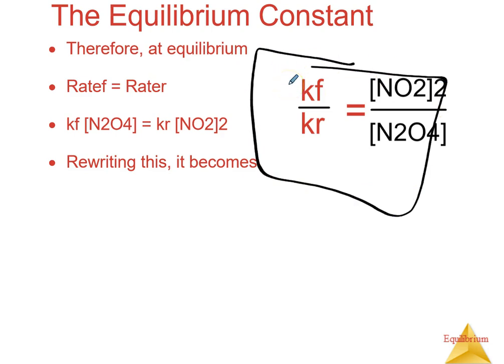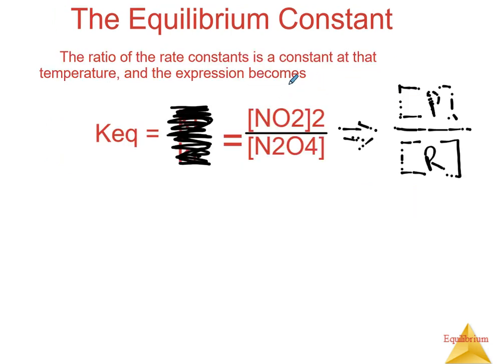The ratio of the rate expression is a constant at that temperature, and the expression becomes that. This ratio means dividing, so we're going to do some division here, and we're going to call this KEQ. We end up with this overall expression.